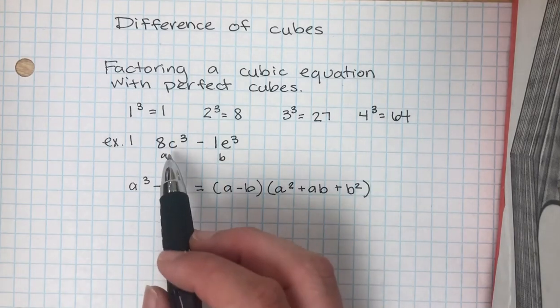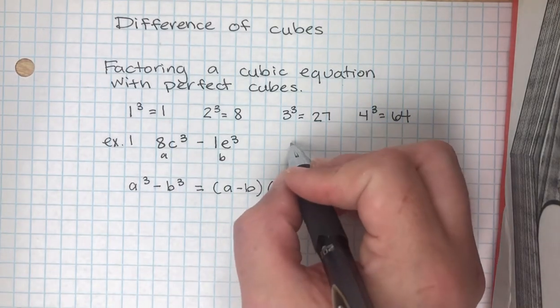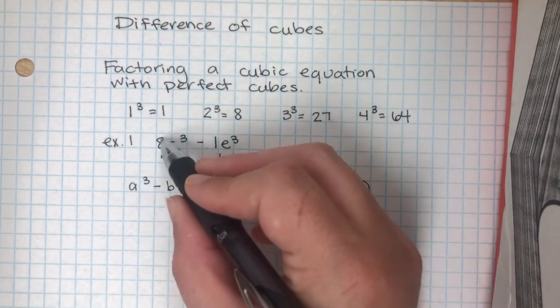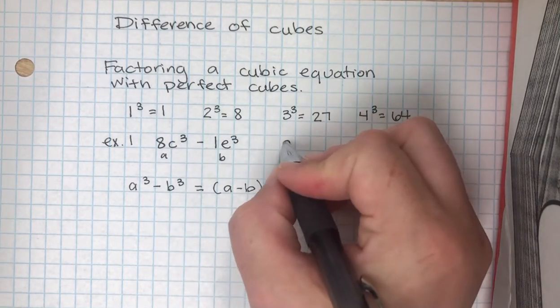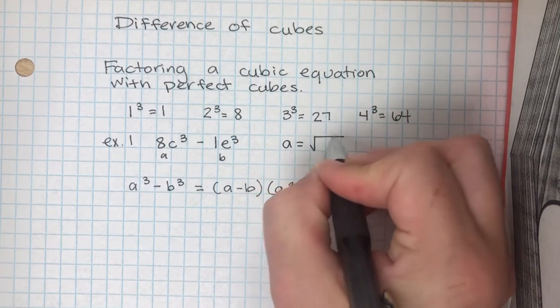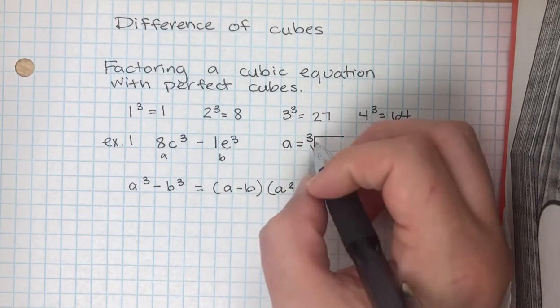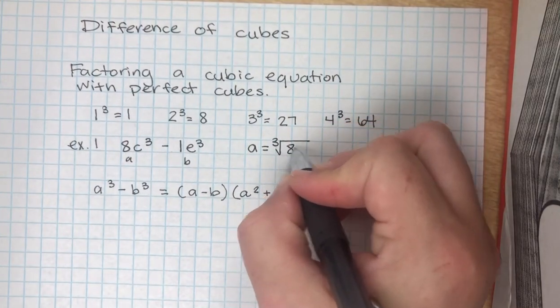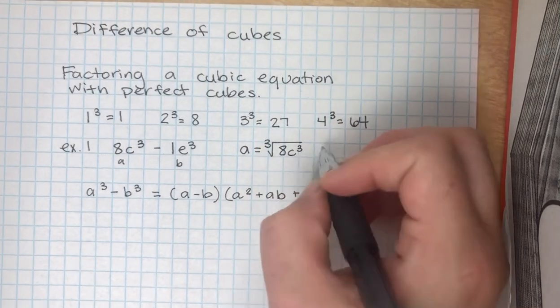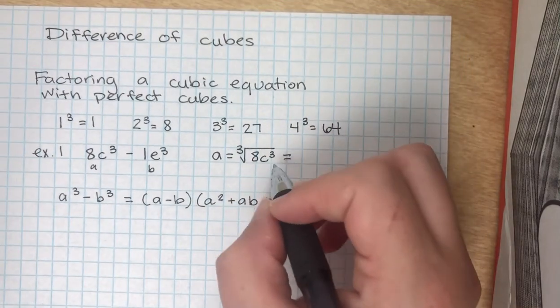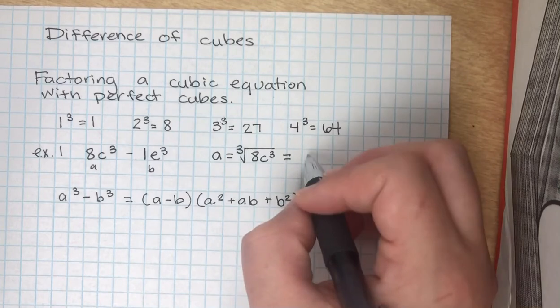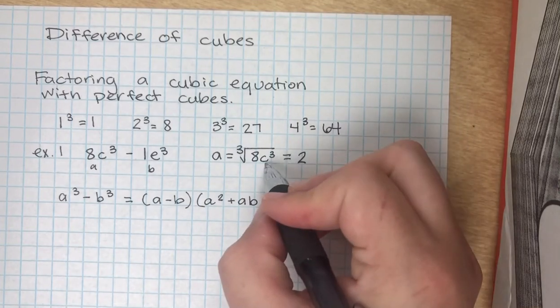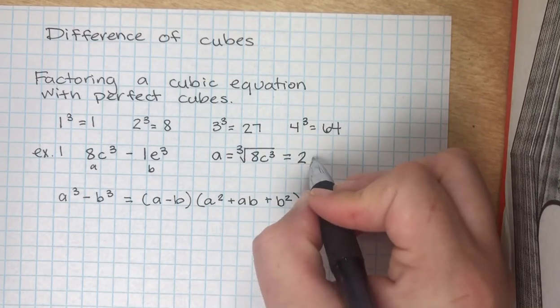To write this one out the rest of the way, my a is going to be equal to the cube root of this one. So this is going back to our roots that we were just doing, so hopefully that's why this will make sense to you. 8c to the third: if I take the cube root of 8, we already know that it's 2. And then because I had 3 c's, I'm just going to make that 2c.